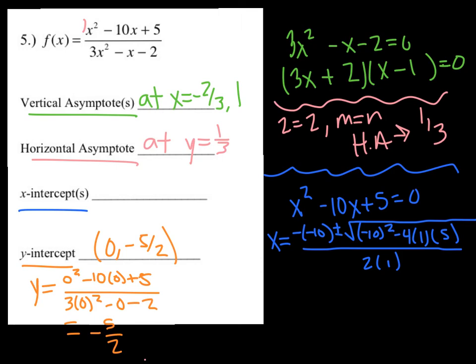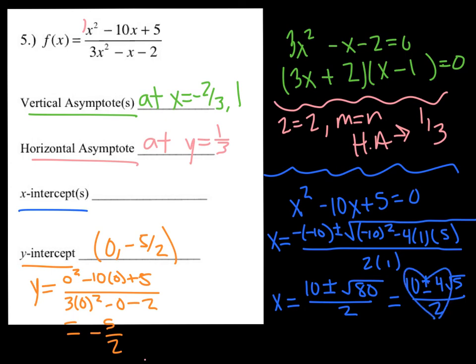So if we simplify this, we get x equals 10 plus or minus the square root of 80 over 2. Simplify that square root of 80 and get 4 square root 5 over 2. You can reduce that, divide everything by 2, and get 5 plus or minus 2 square root 5 over 2.